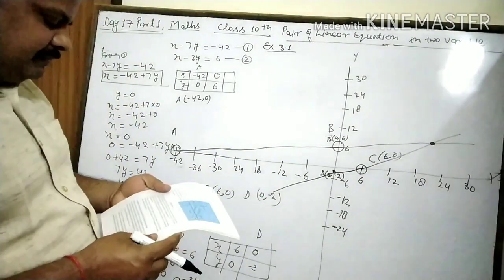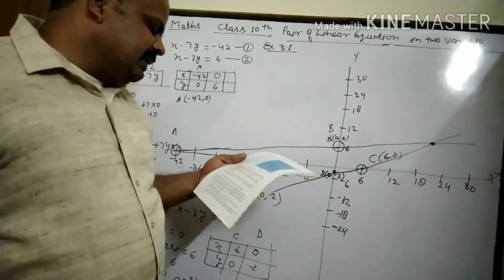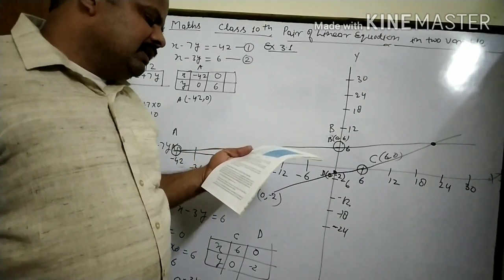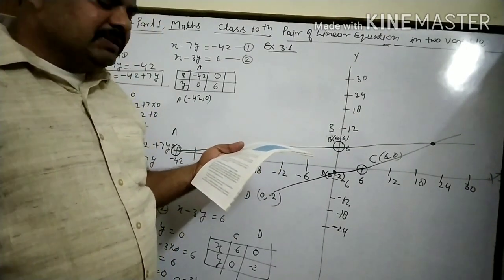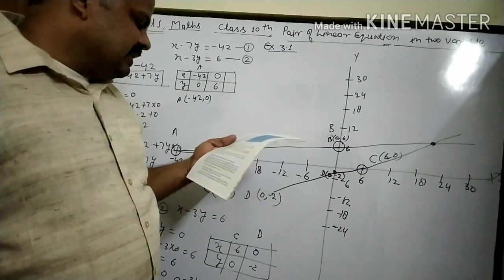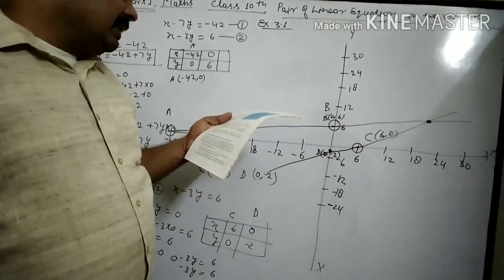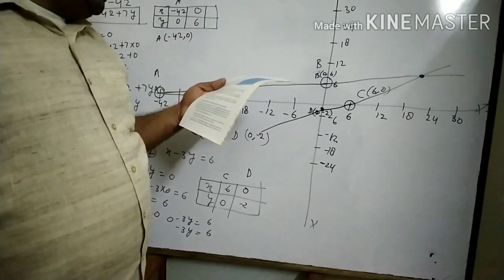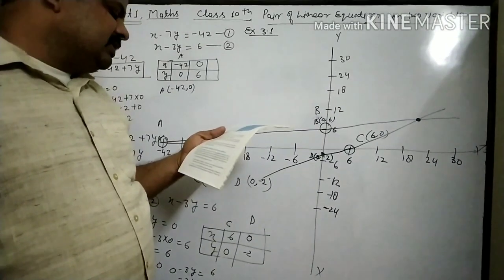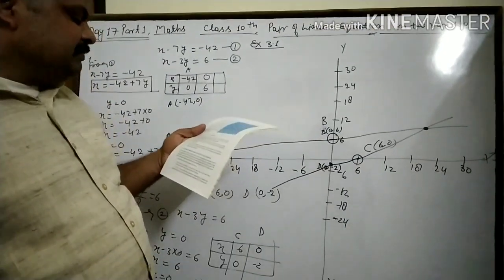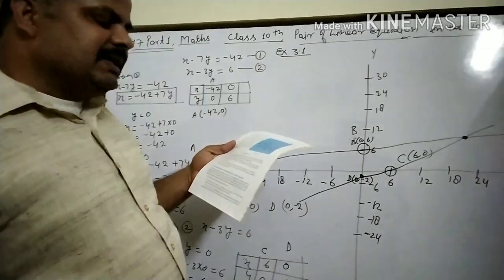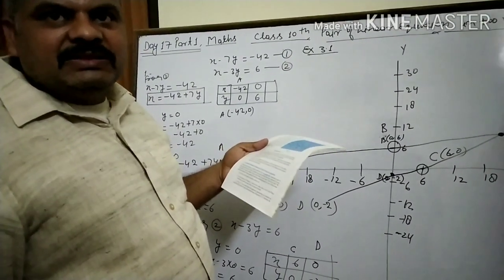In the same way, the coach of a cricket team buys 3 bats and 6 balls for rupees 3,900. Later she buys another bat and 3 more balls of the same kind for 1,300. Represent the situation algebraically and geometrically. Then you consider the cost of 1 bat is x and cost of 1 ball is y.